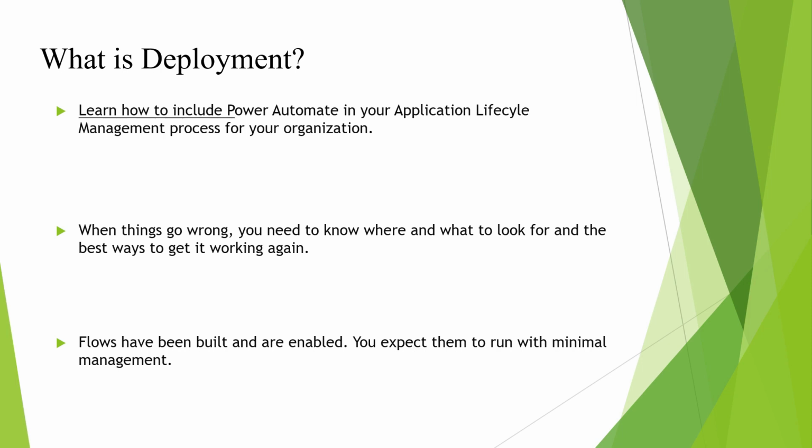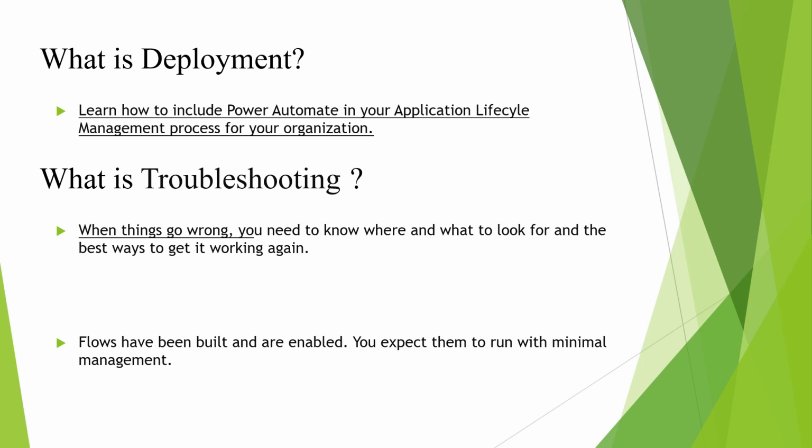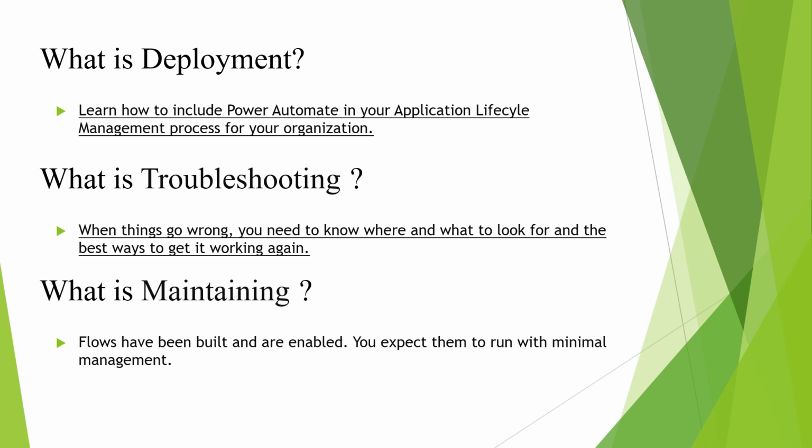Okay, so next, what is troubleshooting? As I said, we have to give the best way for resolving those issues. Next, what is maintaining? We have to maintain our flow, that it is working properly as expected by the business user.